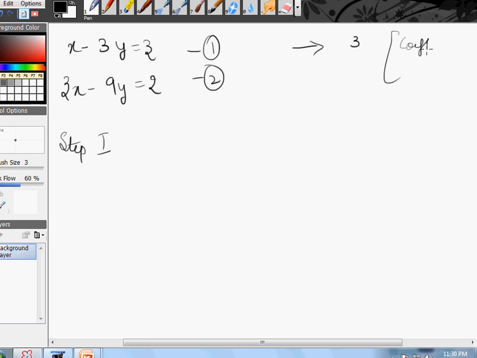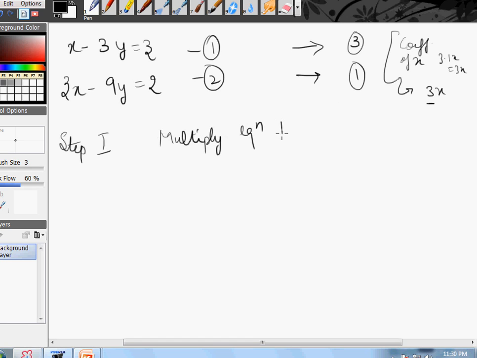Thus the coefficient of x becomes 3 into 1x, that is 3x, whereas in the second equation we already have the coefficient 3x. Thus the non-zero constant to be multiplied is 3 for equation 1 and 1 for equation 2.